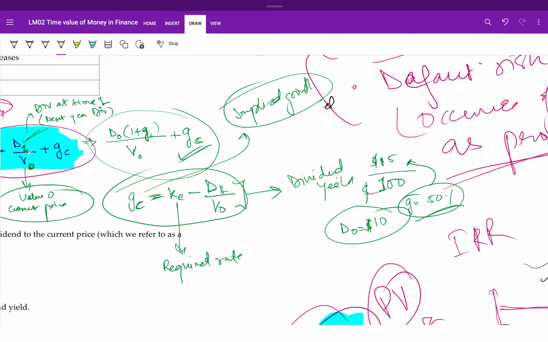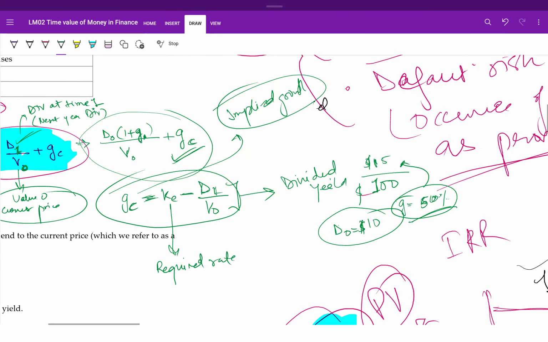If we talk about implied growth, this is different. I mistakenly said C here. So this is actually different from the growth, the implied growth. The required rate of return, let's assume it was... okay, let's not assume anything.